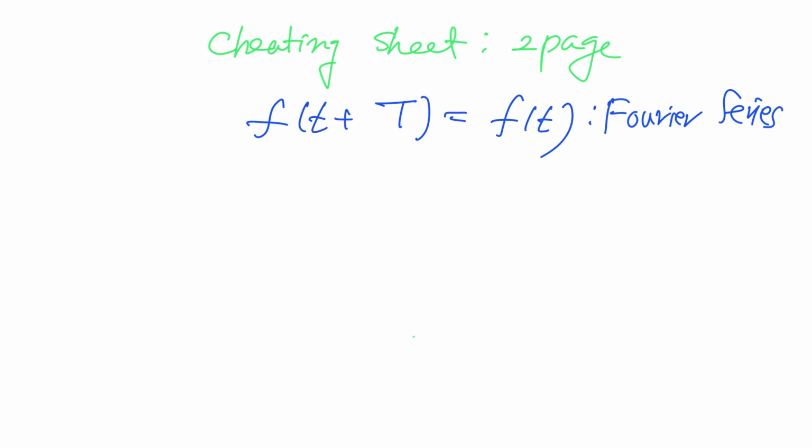Joseph Fourier was another French mathematician during the Napoleonic War. The reason for the Fourier series was that during the Napoleonic War, the cannon was a very important weapon.